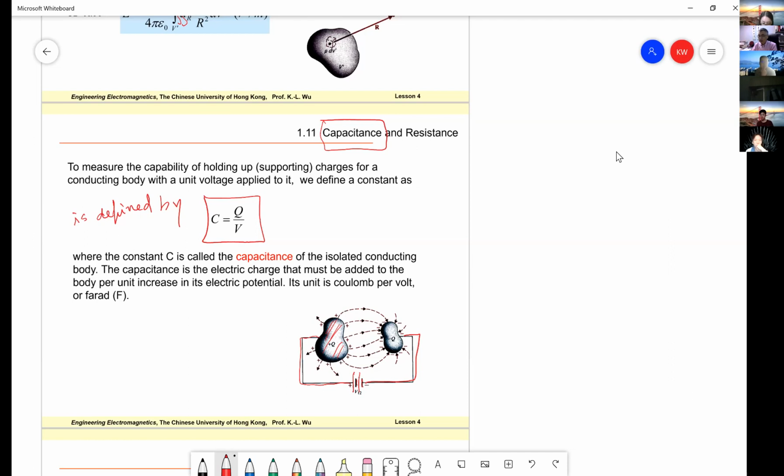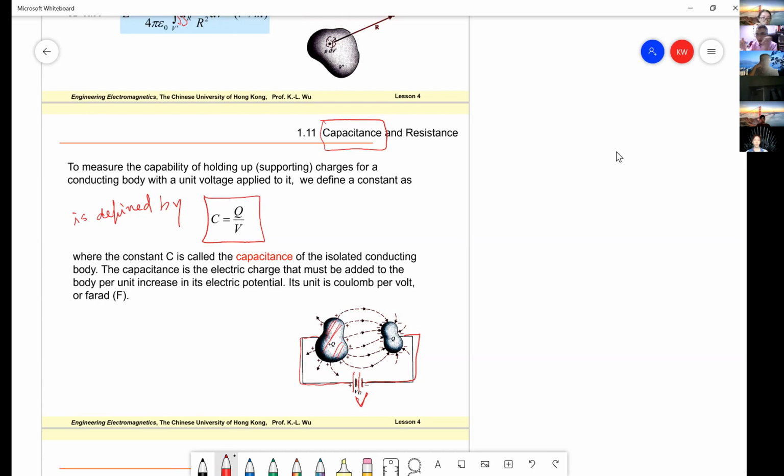Suppose this is a voltage. Then we define the quantity C. C is Q divided by V. Basically, capacitance describes, if I consider these two conductors as a system, the ability to hold charge.